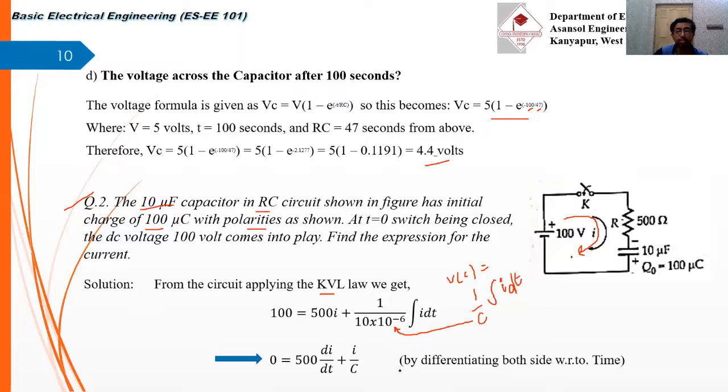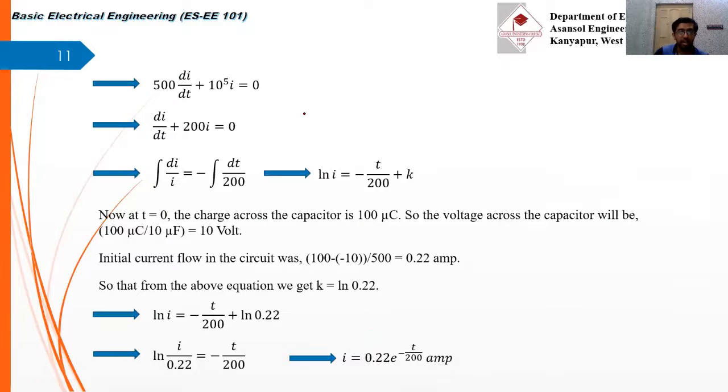Now differentiate both sides with respect to time. Since 100 is a constant source, d/dt of any constant value is always 0. Now 500 into di/dt, and here it is I by C. Next, calculate the value of I with respect to time.